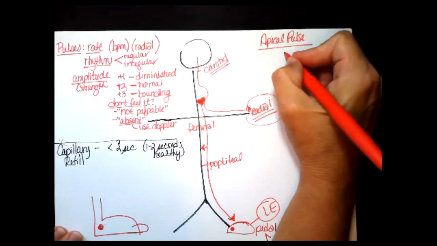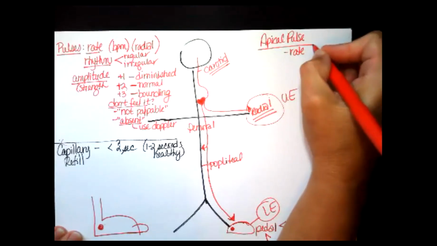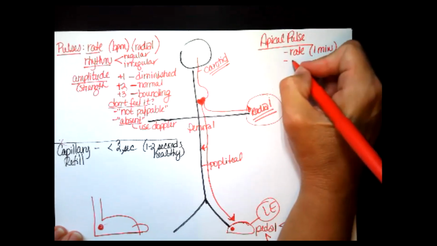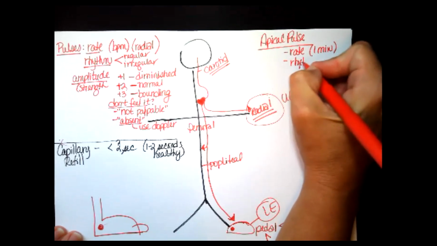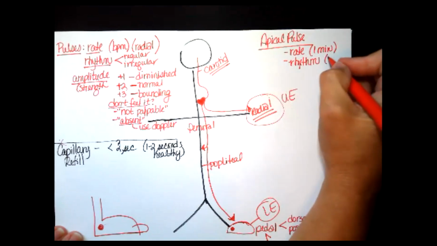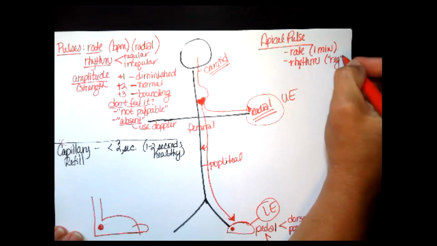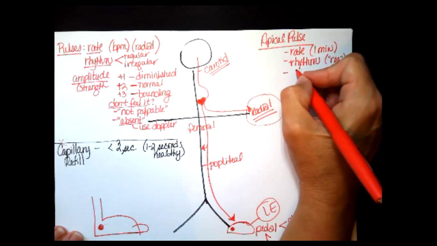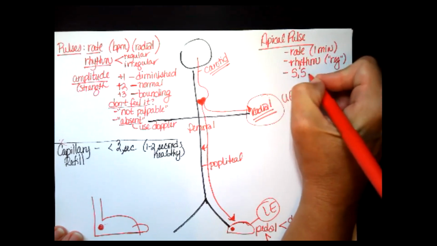So for an apical pulse, we're going to do the rate for a minute. Always a minute, never less. We're going to make sure that it has a good rhythm. What's the acceptable rhythm? Regular, right? That's what we're looking for. And then we're going to look for those heart sounds, the S1 and the S2.